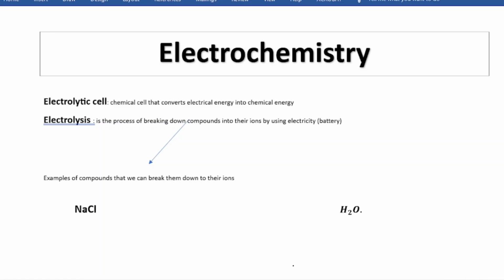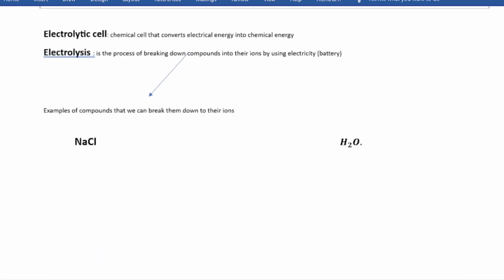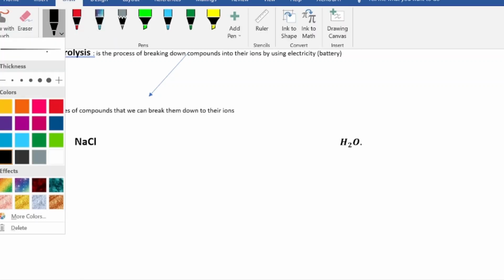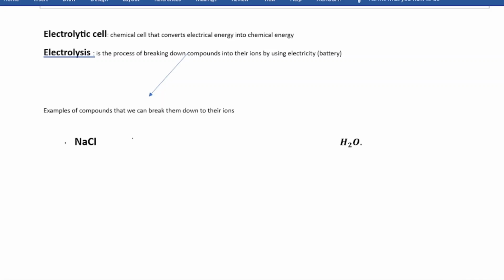So examples of compounds that we can break into their ions. We've got sodium chloride. Sodium chloride can be broken down into its ions, and those ions are the sodium ion and the chloride ion.